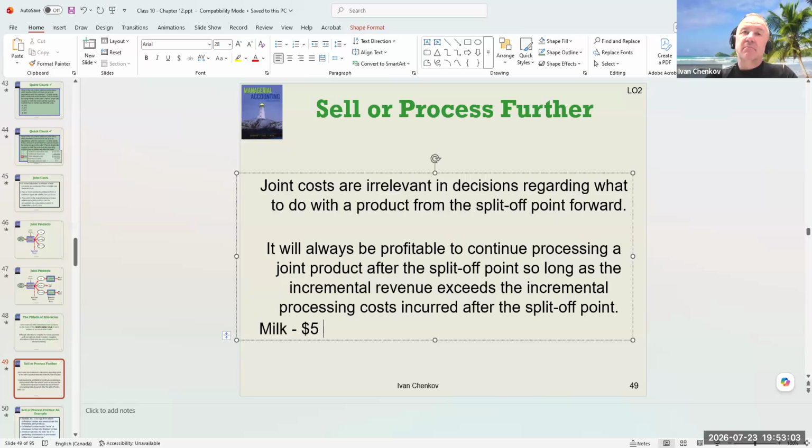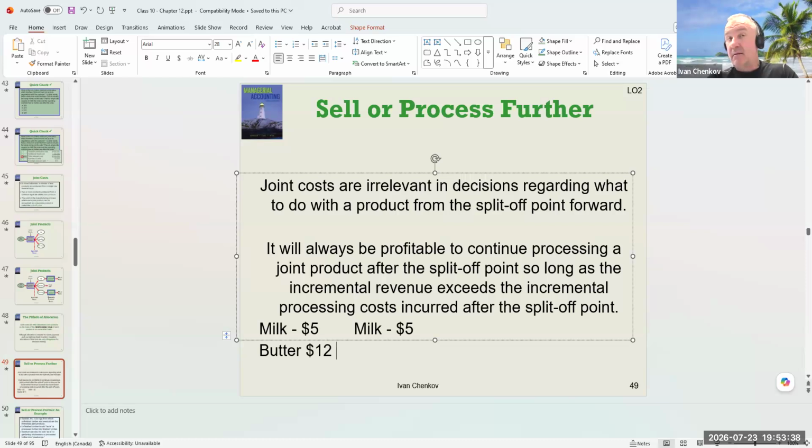One liter, $5. At some point, I realize that I can still sell it as milk at $5, but if I produce butter, for a liter of milk, I can sell it for $12.